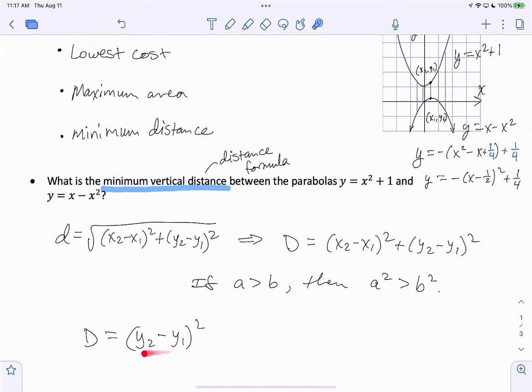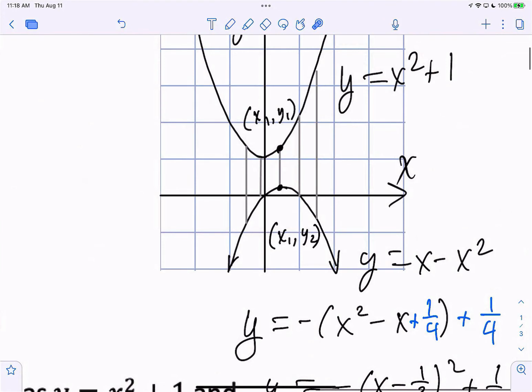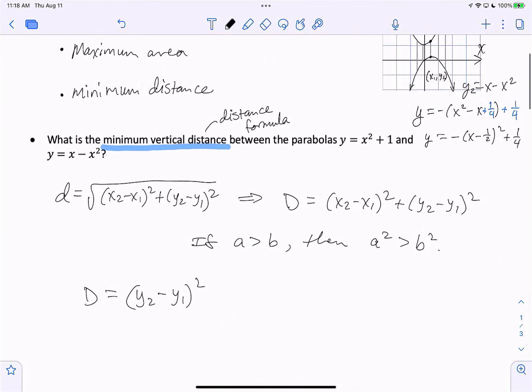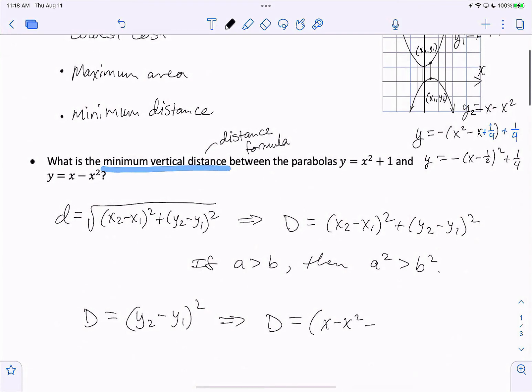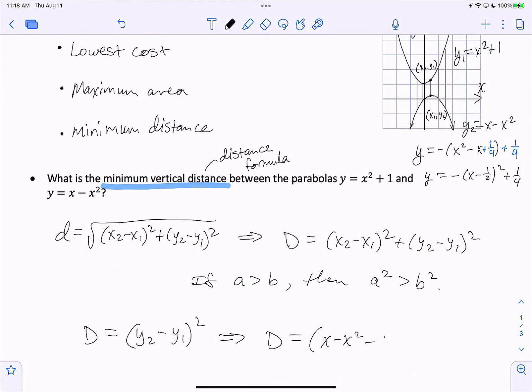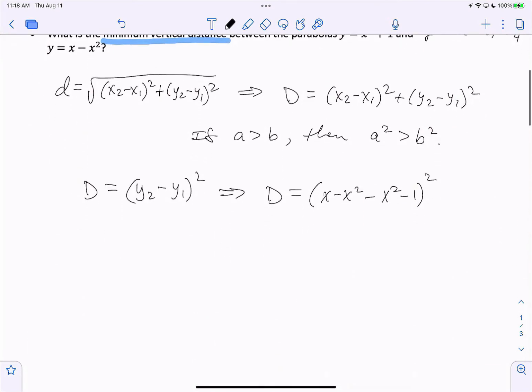We're only looking at the y's. And now, according to the way we've labeled things here, y2 is x minus x squared, and y1 is x squared plus 1. And so we're going to say here that D is equal to x minus x squared minus, I'll distribute the negative here, x squared minus 1, the quantity squared.